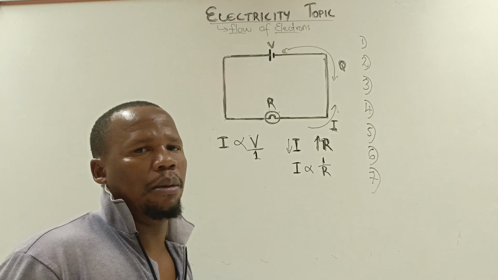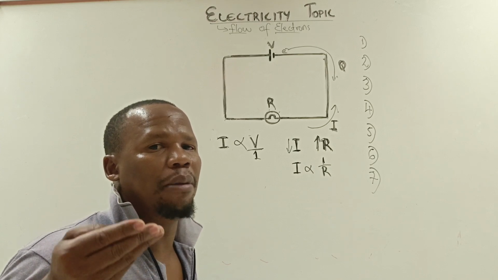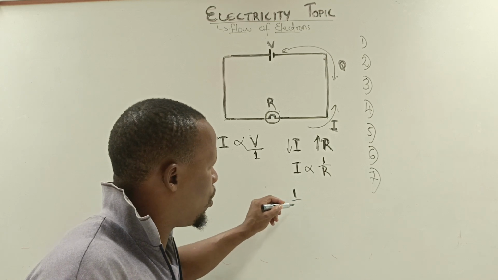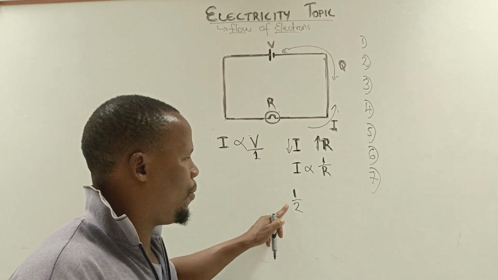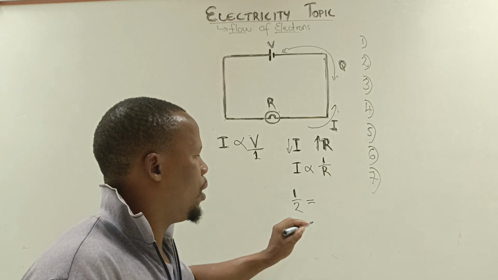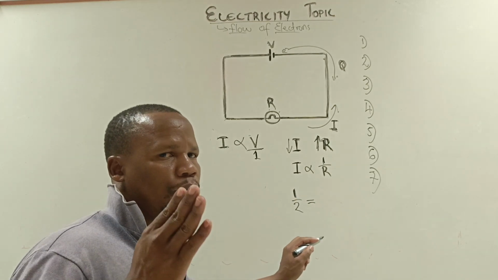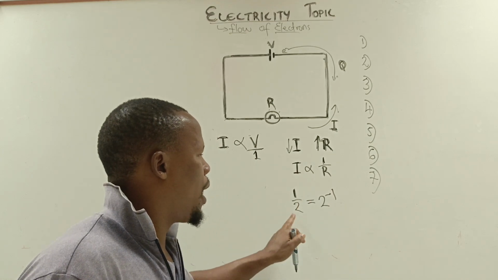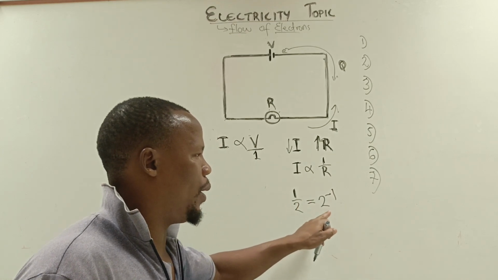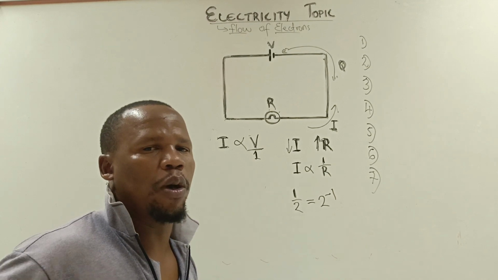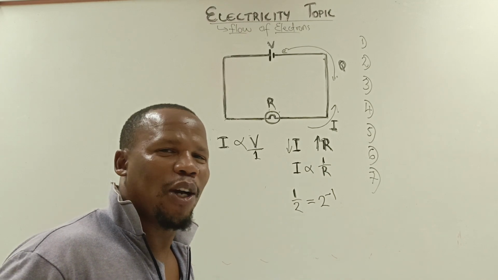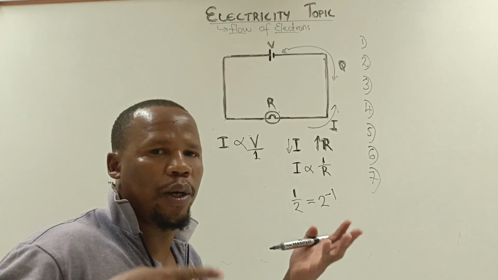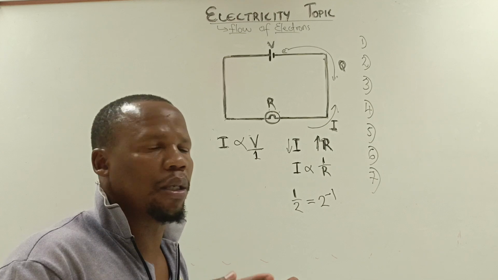You will know that half is 1 over 2, and in terms of powers, half is equal to 2 to the power negative 1. If you are learning, you have to change your vocabulary, the way you speak.